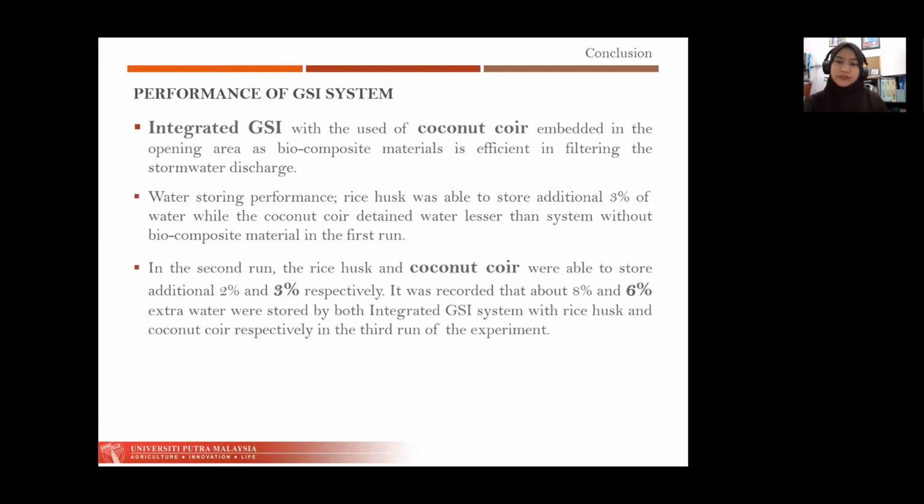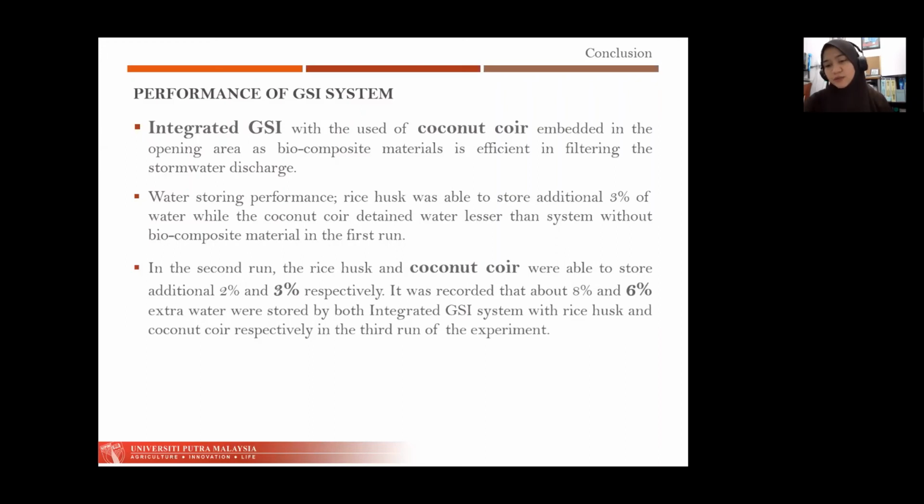Based on the result obtained from the laboratory work that has been done, it shows that the proposed integrated GSI with the use of coconut coir embedded in the opening section is efficient in improving the quality of rainwater. In terms of water storing performance, the rice husk embedded was able to store an additional 3% of water, while the coconut coir retained less water than the system.